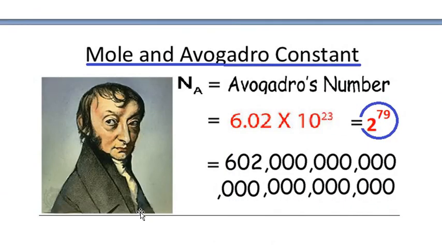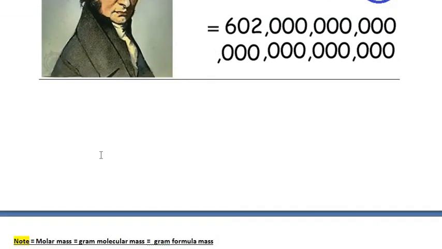This is a scientist called Avogadro, who discovered this number. This number represents the number of molecules, atoms or ions present in 1 mole of the substance. In mathematical form it is 6.02 times 10 to the power 23, which is this big number, 602 followed by 21 zeros.